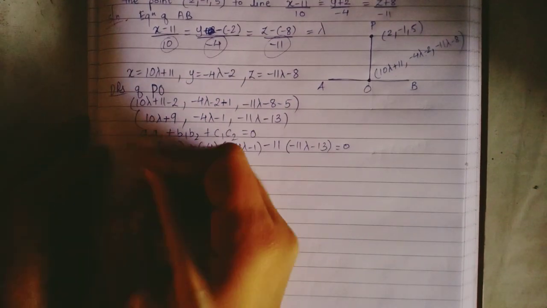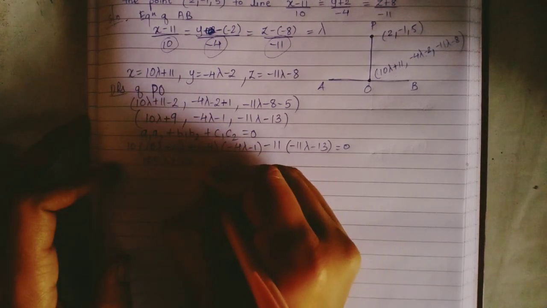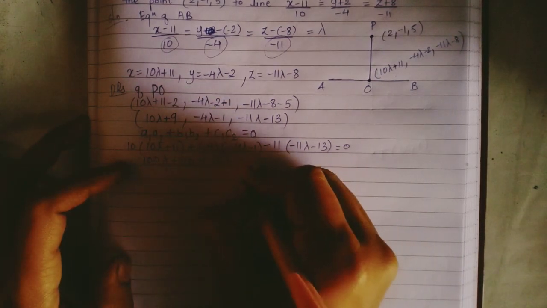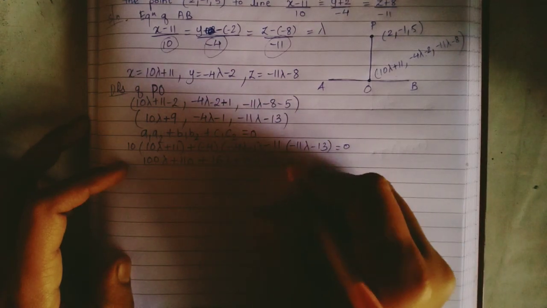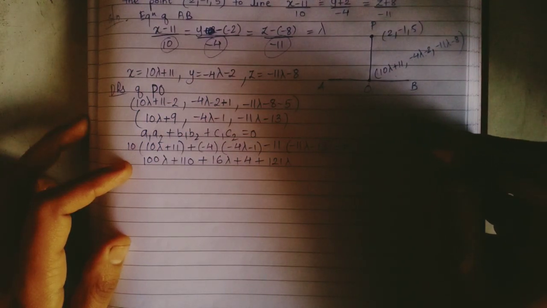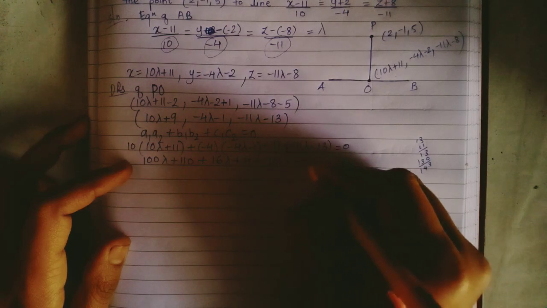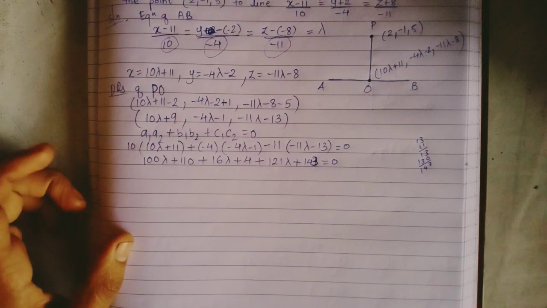So this is 100 lambda, minus into minus plus 4 lambda, plus 121 lambda, 13 into 11, 143, equal to 0.